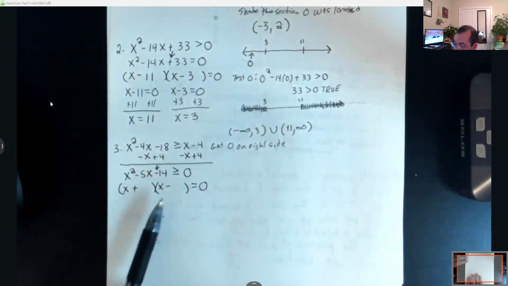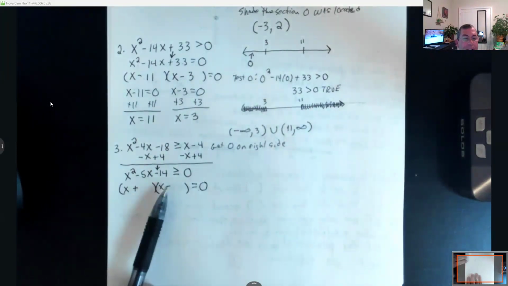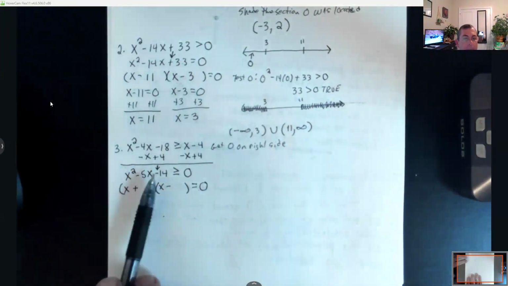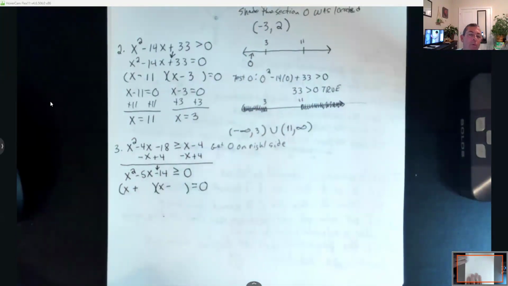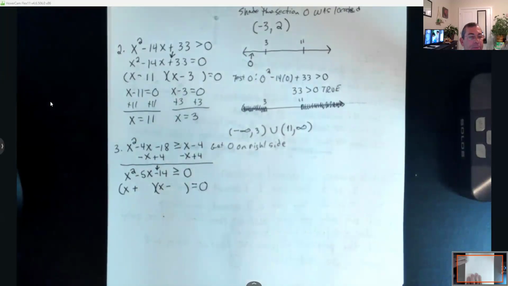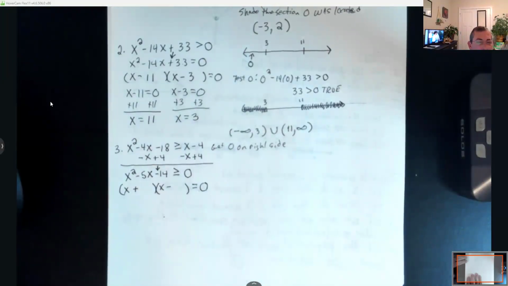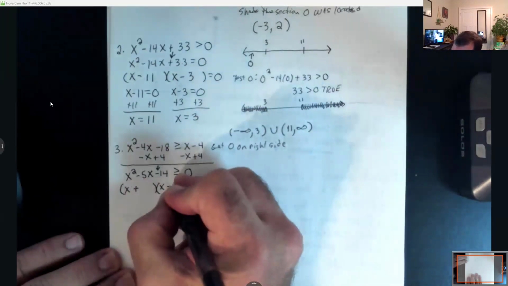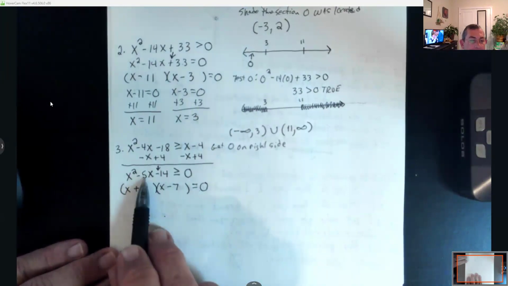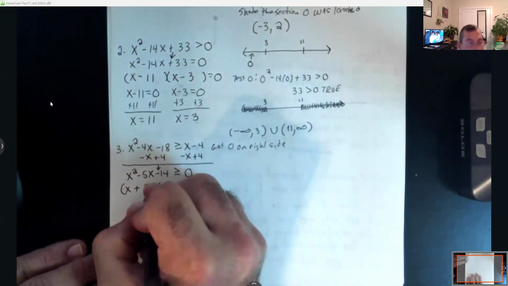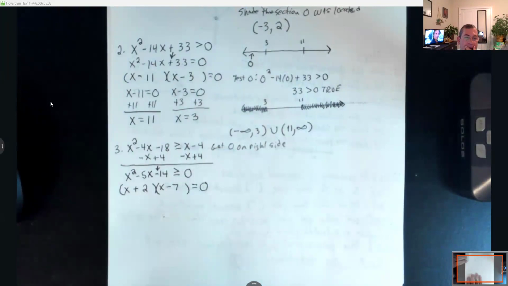Now, whatever my larger number is, it's going to be negative like the middle. And when you got a minus in front of the 14, you want factors of 14 that'll subtract and give you 5. So Jackson, what y'all got? A 7 and 2, perfect. So my 7's the larger number, is negative like the middle. And then y'all, the 2 would be positive. Good job.